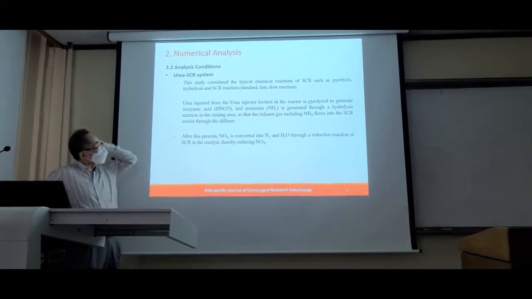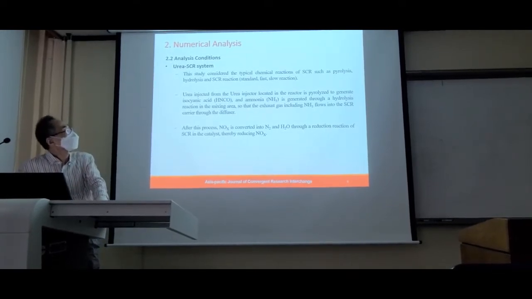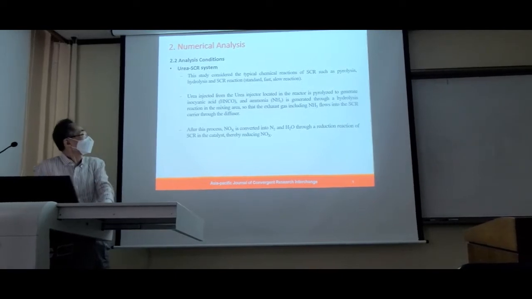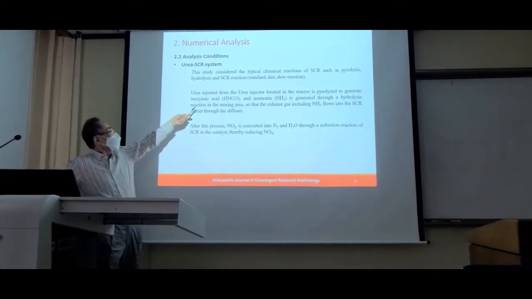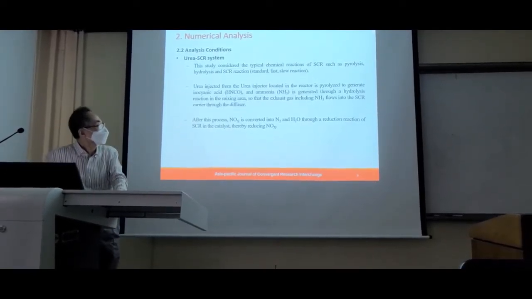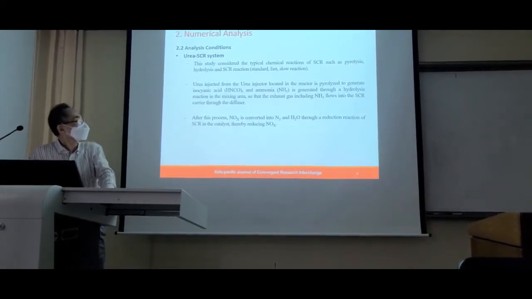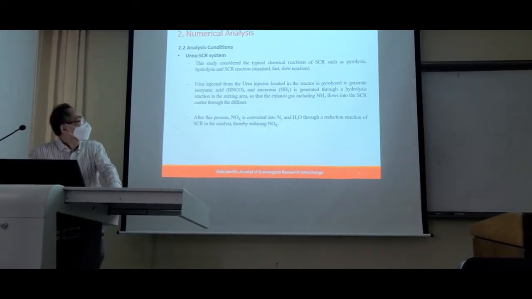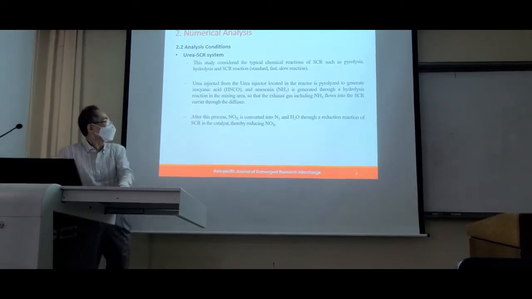Urea injected from the urea injector is pyrolyzed to generate isocyanic acid, which is HNCO, and ammonia is generated through the hydrolysis reaction in the mixing area, so that the exhaust gas including ammonia flows into the SCR substrate through the diffuser.